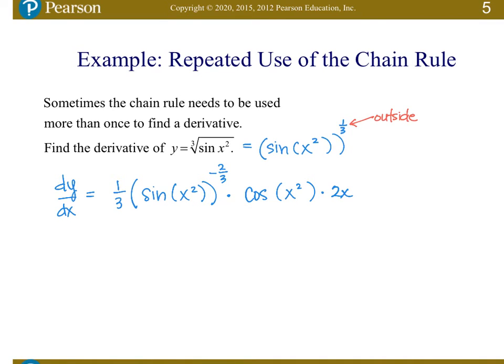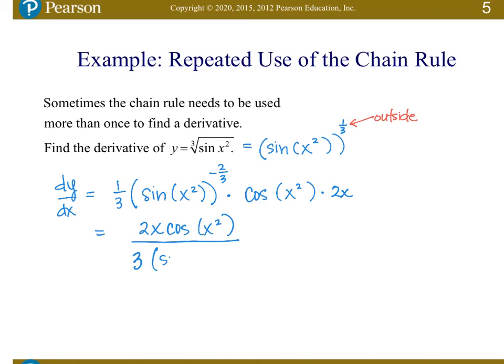So overall, you would simplify that in the following way. You would say my numerator is going to be 2x cosine x squared, and then the denominator would lead off with the 3, and then we're going to express the sine.